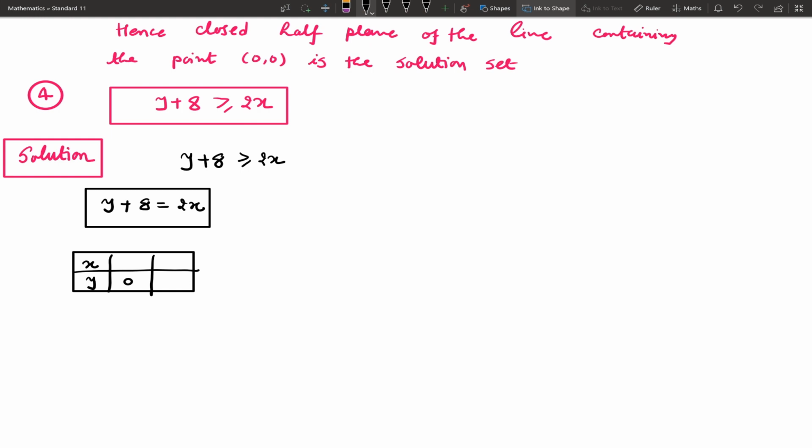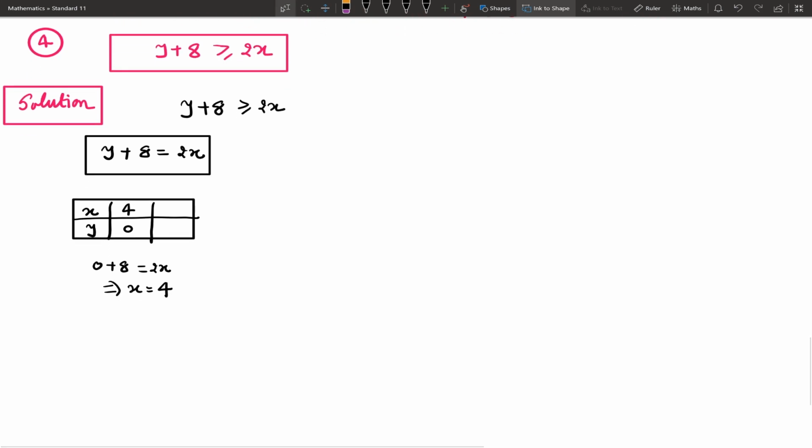In the equation you take y equal to 0. 0 plus 8 equal to 2x. So x will be 4. This implies x equal to 4. So one point of the line is point P 4 comma 0.